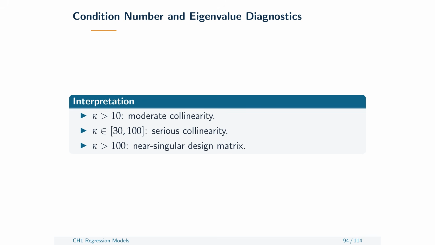Scaling matters because a raw condition number can be dominated by units rather than true dependence. A variable measured in dollars and another measured in millions of dollars can create poor numerical conditioning without changing substantive information. Centering and scaling make the diagnostic more interpretable, but they do not create independent variation that the sample lacks.